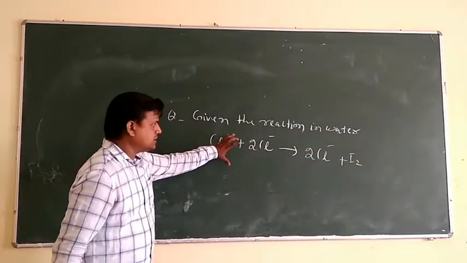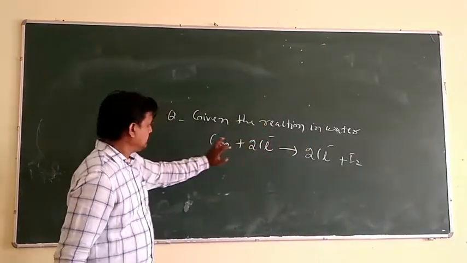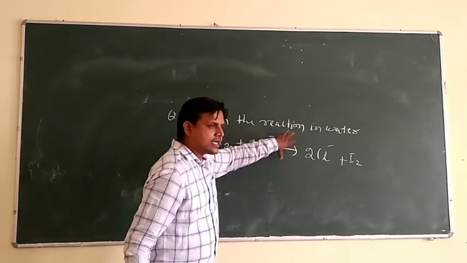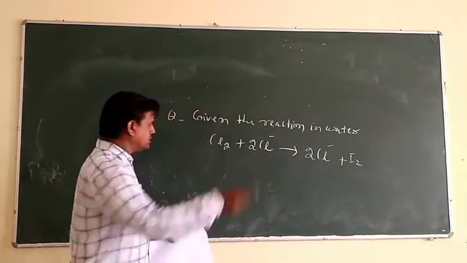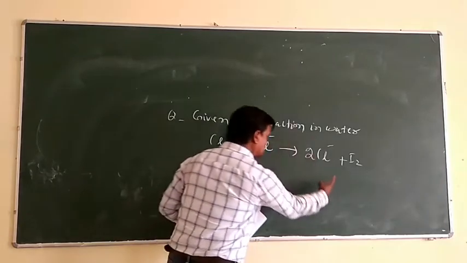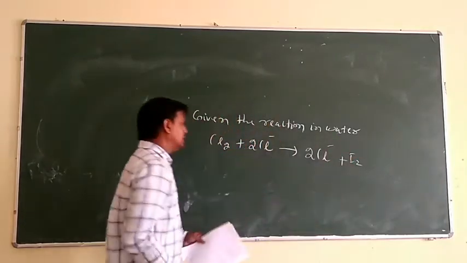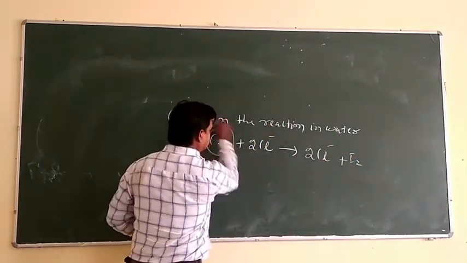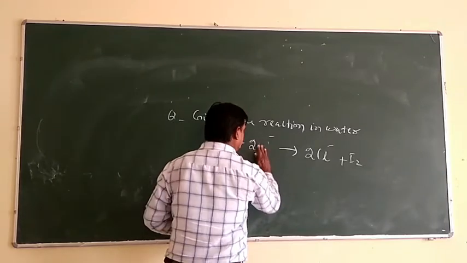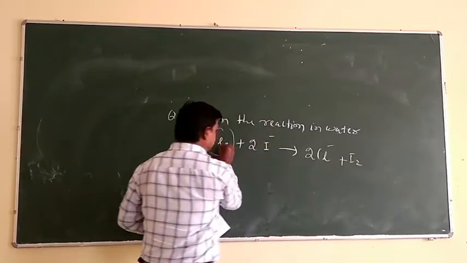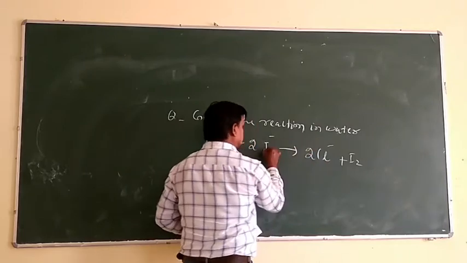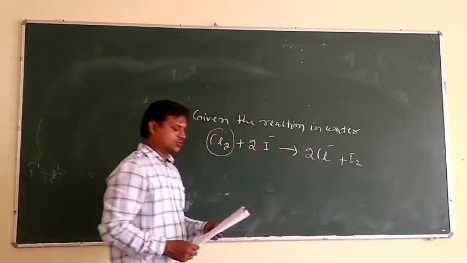This chemical reaction is in aqueous medium. Chlorine Cl2 is converting to Cl minus, and I minus is converting to I2.